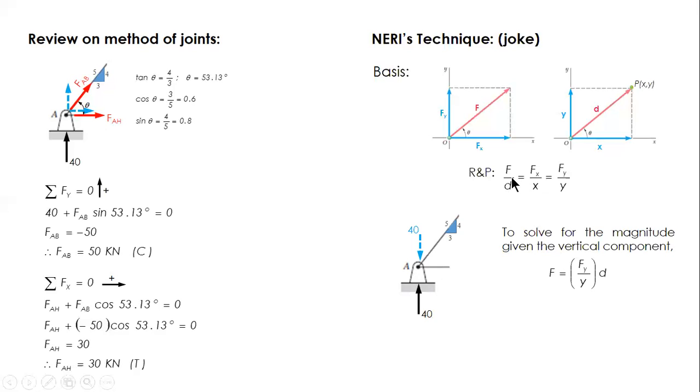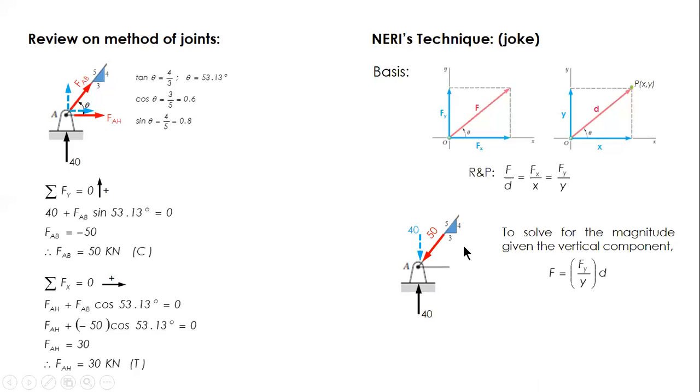To solve for F, i-cross multiply ni maning D. Since Fy ang given, what you will do is divide the given force by its counterpart. Fy, i-divide mo sa y. 40 over 4, that's 10. I-multiply sa D. In this case, your D is 5. So, 10 times 5, F is equal to 50.